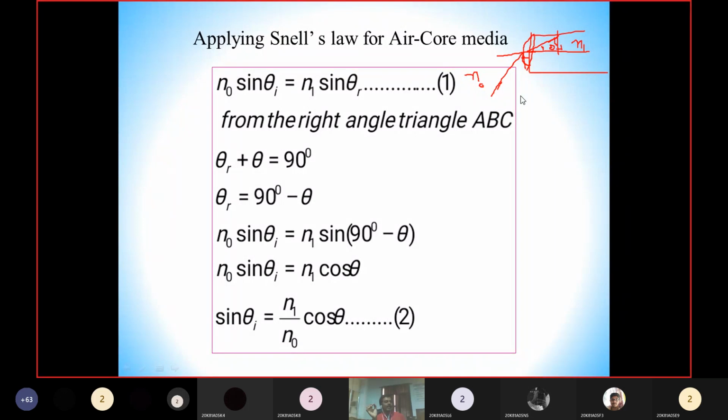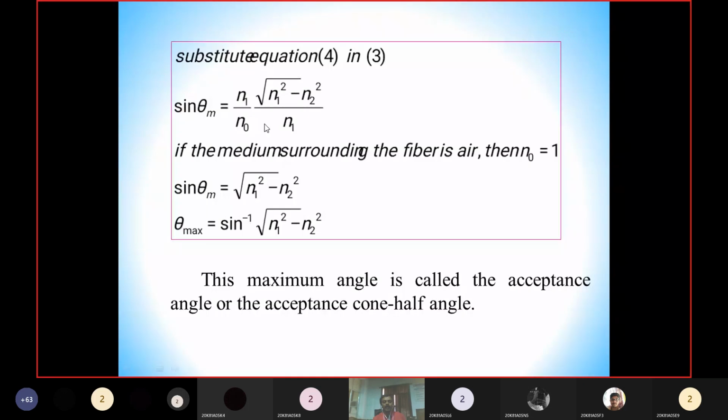For air, the refractive index value is 1, so instead of N naught we take 1. Sin theta m equals under root of N1 square minus N2 square. So theta maximum is equal to sine inverse of under root of N1 square minus N2 square.